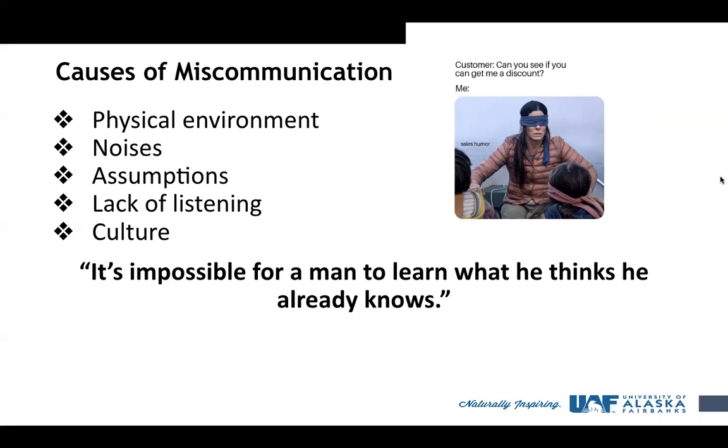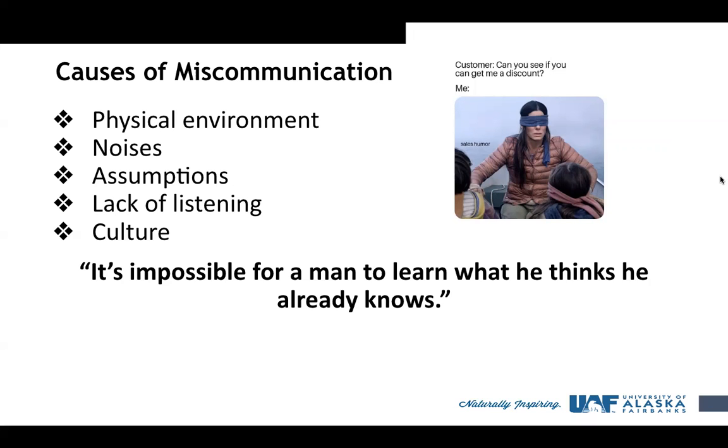Maybe it's assumption. And by assumption, I mean that people are not necessarily listening to what the person is saying, but rather they're just assuming that they understand what the sender is saying, and therefore they're not fully receiving the information and the communication. Therefore, they're making assumptions about what they think they're hearing when they're actually not hearing that.